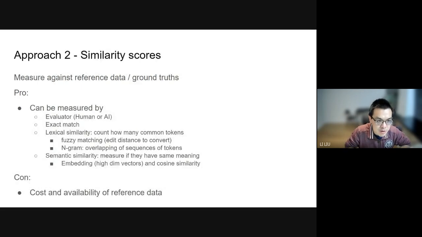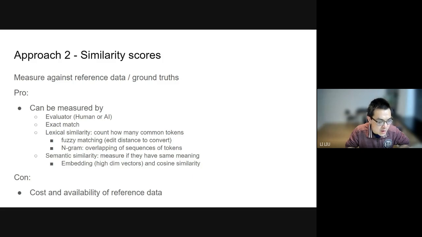So the second approach is for certain tasks. These are more like different use cases, not different approaches for the same use case. For some use cases, we can use similarity scores. This is to measure against reference data and ground truths, if we have any.